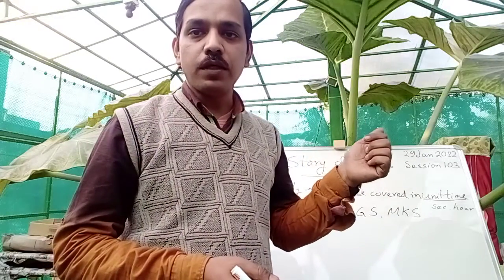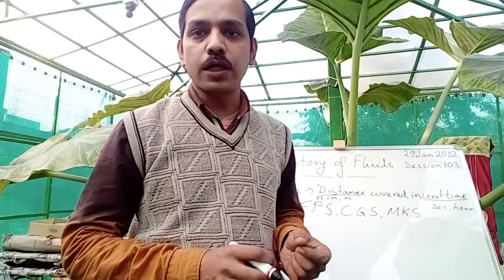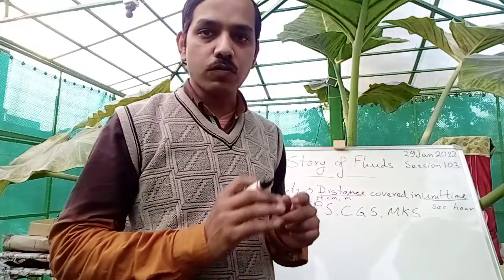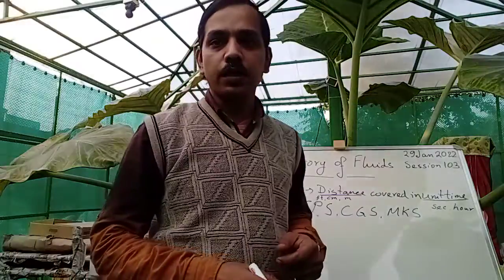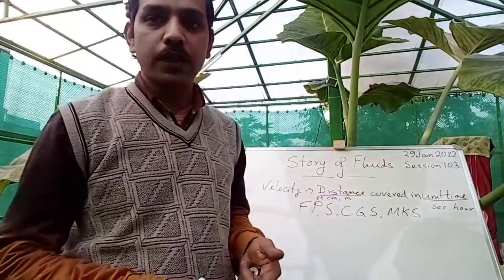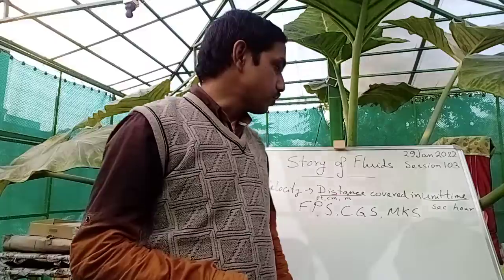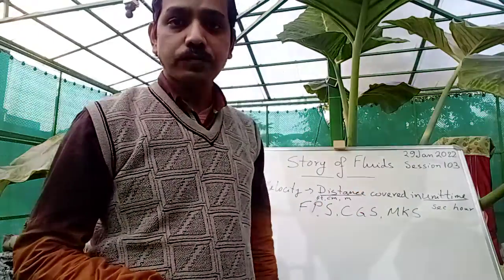You put it into the water at a certain point and pick it up at a different point. You take the distance covered from the first to the last point, and count the time it took to cover that distance. So that is the distance covered in unit time.